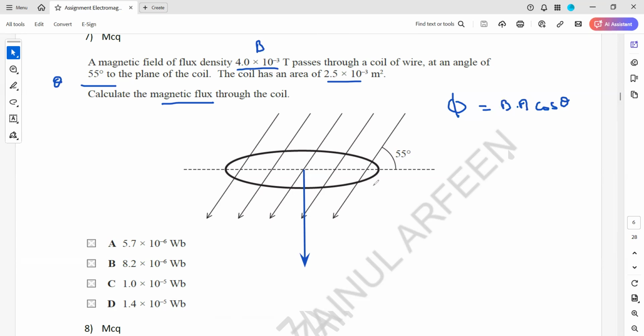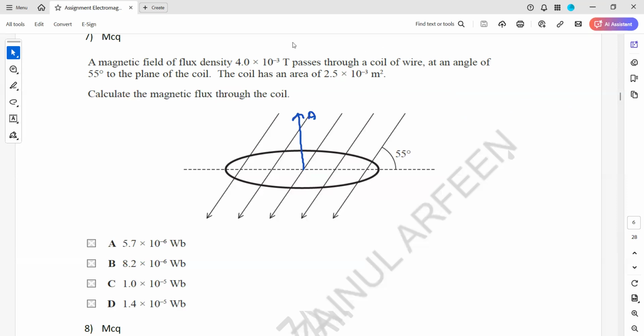Here the angle with the surface is given as 55, but we need the angle with the area vector. So this will be the area vector. Okay, this is the area. You can take it upward, it does not make a difference. Our concept is that it is always perpendicular. If this is an area, I can take this as well, A. That's also fine. It does not make a difference.